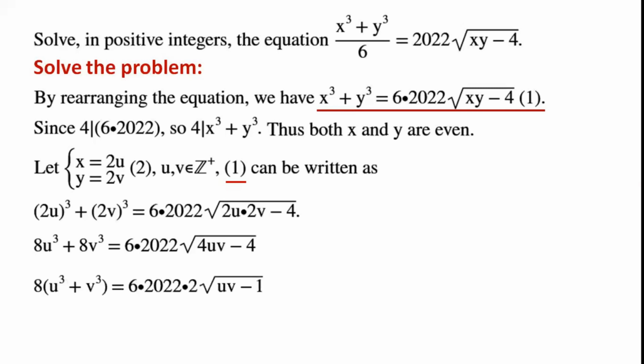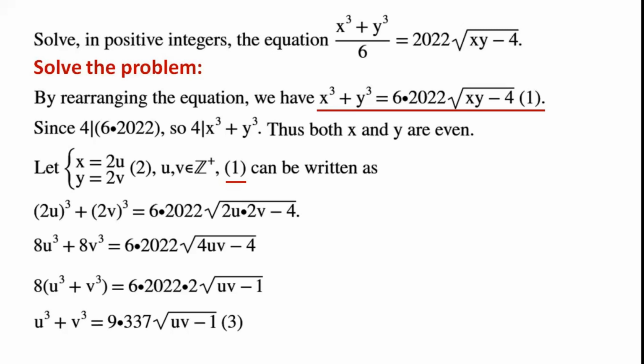8u cubed plus 8v cubed can be written as 8 times (u cubed plus v cubed), and root of 4uv minus 4 can be written as 2 times root of uv minus 1. Now we divide both sides of the equation by 8.